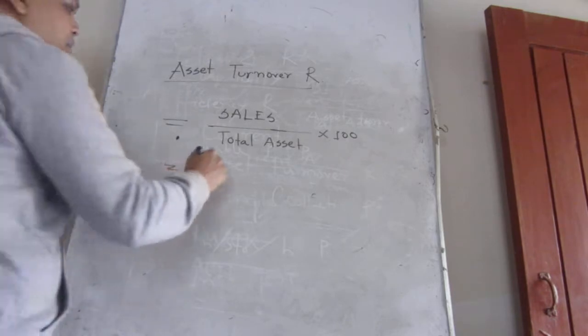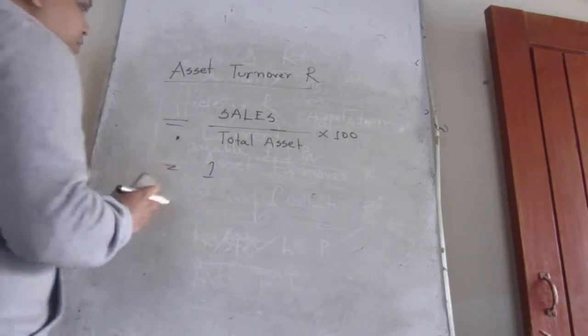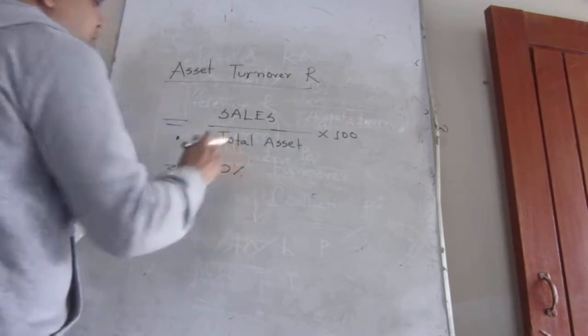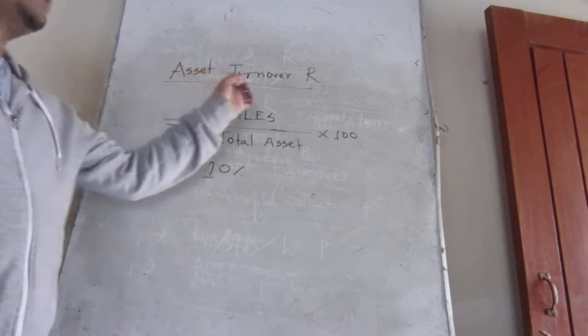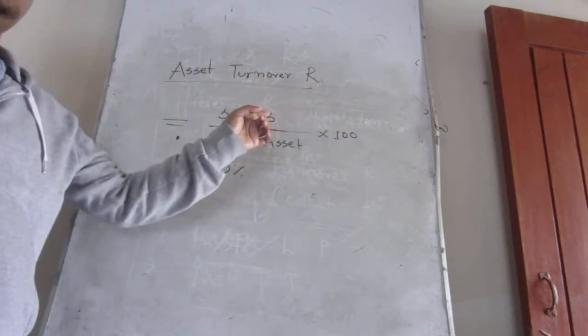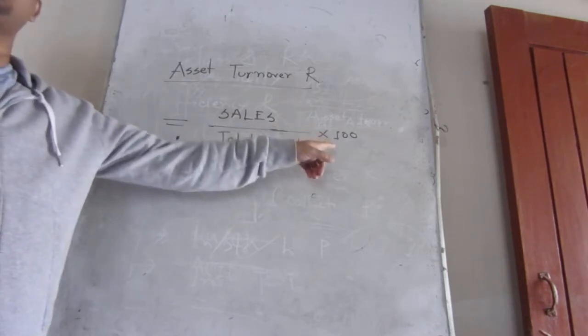Suppose, as for example, this is 10%, right? So what do we mean by asset turnover ratio? Sales divided by total asset into 100.